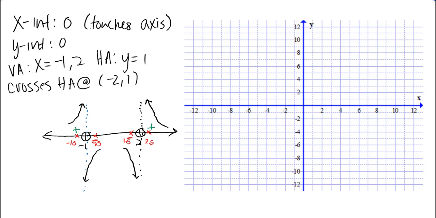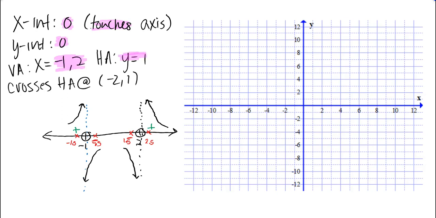So up to this point, we've gathered a lot of information that will be helpful for us to graph our rational function. We found that we have an x-intercept at 0, which is going to touch the axis instead of crossing it. We have a y-intercept at 0. We've got two vertical asymptotes at negative 1 and 2.